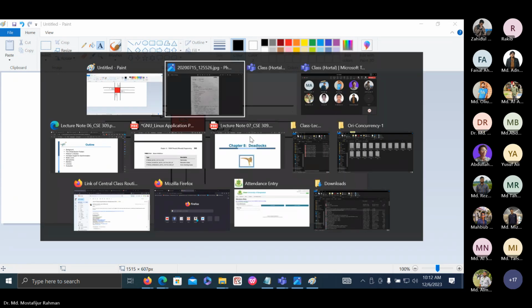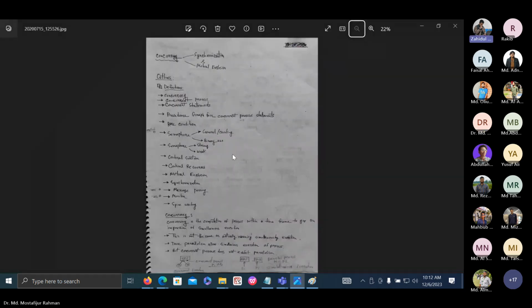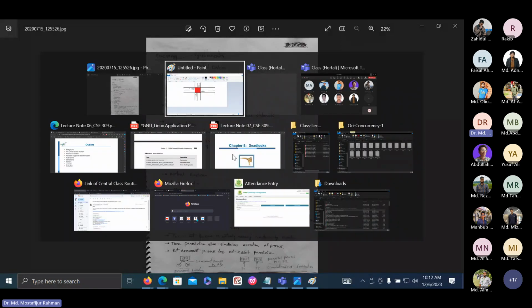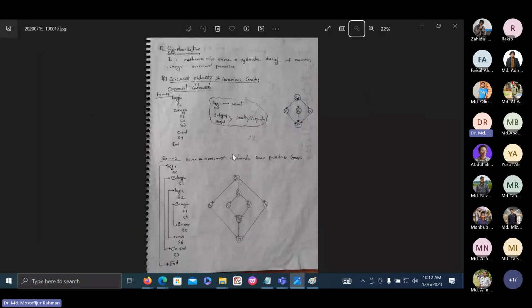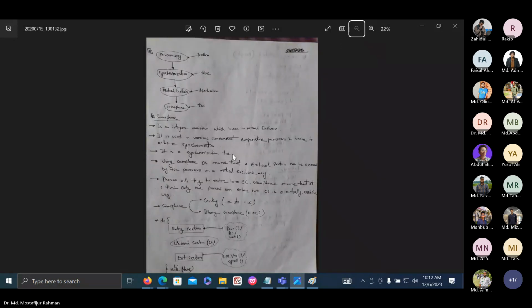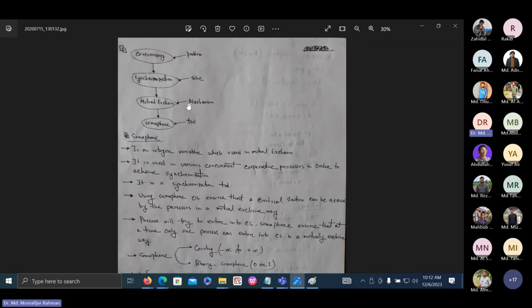Understand? Yes, sir. So mutual exclusion is what I have just shown. I will come to this page also. This is the mechanism. To solve this concurrency problem, we need synchronization. In synchronization, we need a mechanism.